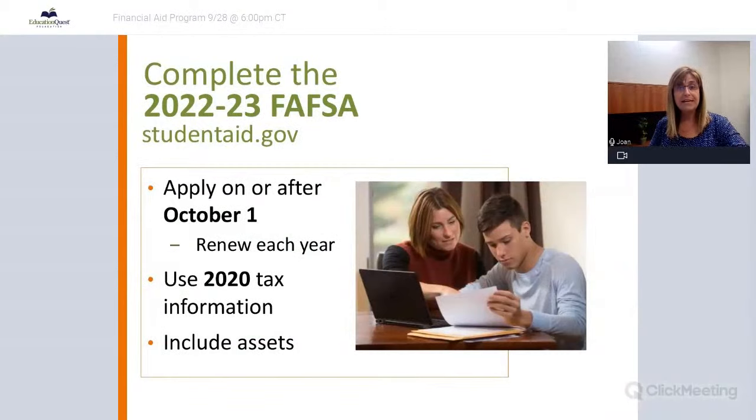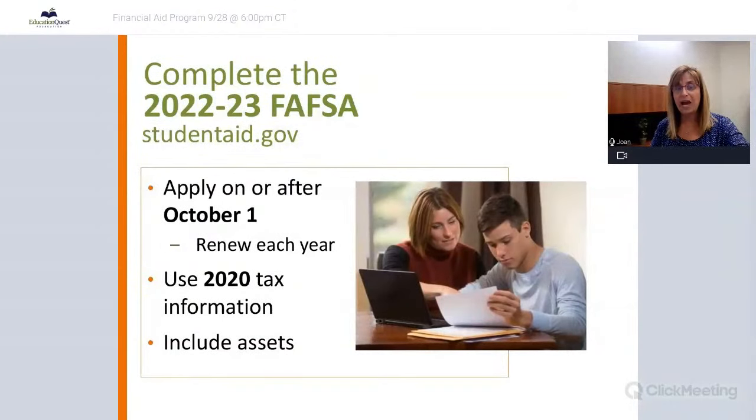As I mentioned, the FAFSA for the 22-23 school year opens up in just a few days, October 1. When you file the 22-23 FAFSA application form, you are going to be using your 2020 income tax information. Now, just because the FAFSA opens on October 1 doesn't mean you have to have it done on October 1. Be sure you check with your colleges.